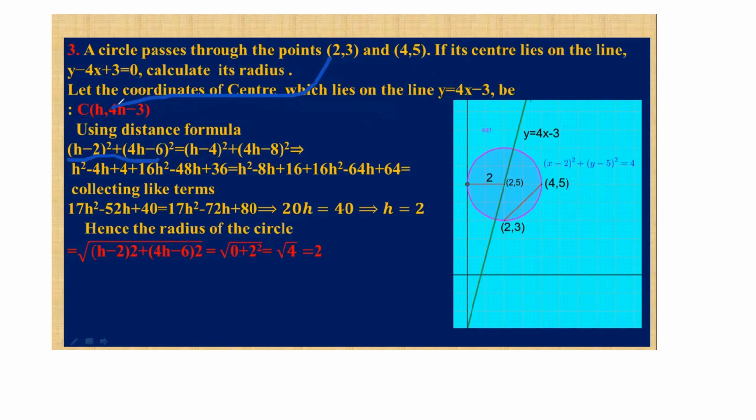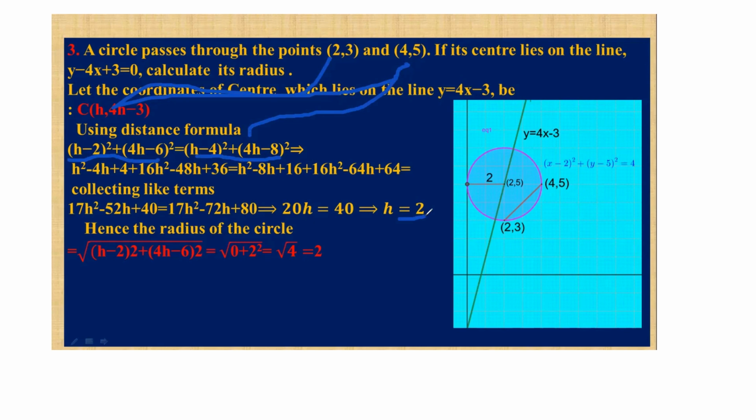The distance from the center again to (4, 5) is equal to this equation, and these expressions are equal because of the radius of a circle. Expanding and solving gives h equals 2. That is, the first coordinate of the center is 2.